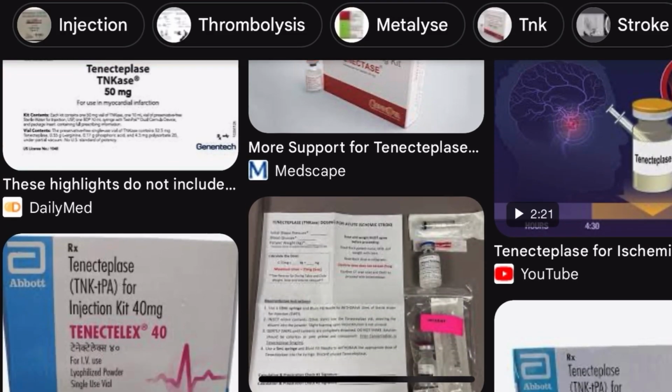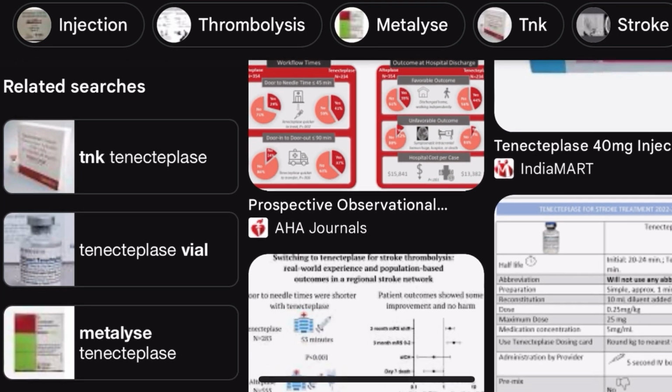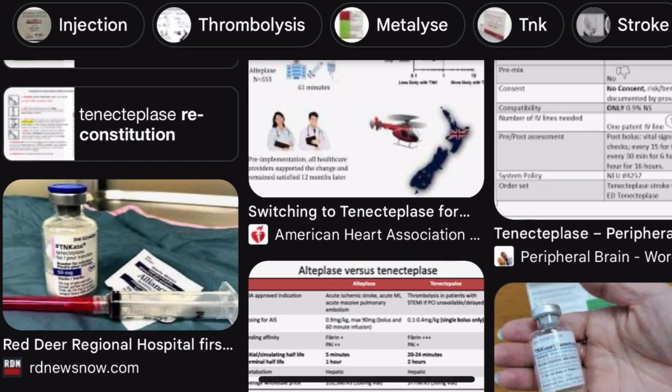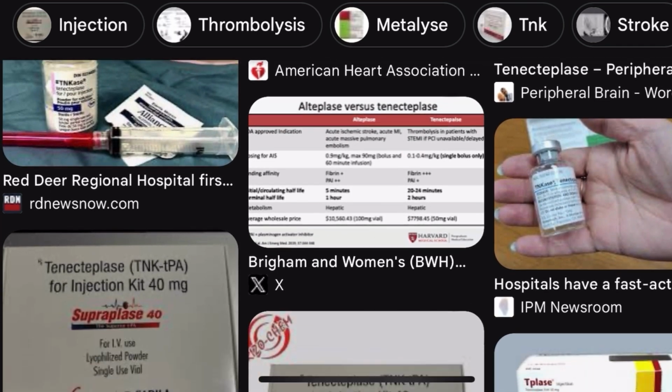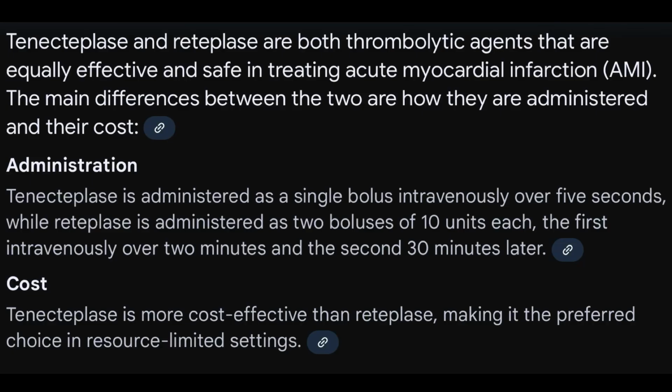If it's 60 to 69 kilograms, it's going to be 35 milligrams. If it's 70 to 79 kilograms, it's 40 milligrams. 80 to 89 kilograms is 45 milligrams. But if the patient weighs more than 90 kilograms, it's going to be 50 milligrams IV bolus. And again, this is for acute MI dosing.